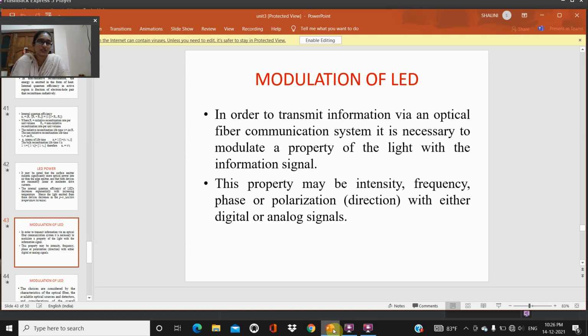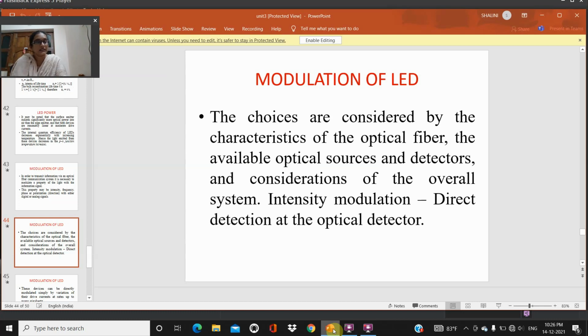So, what is modulation of LED? In order to transmit information via an optical fiber communication system, it is necessary to modulate a property of the light with the information signal. This property may be intensity, frequency, phase, or polarization, with either analog or digital signals.